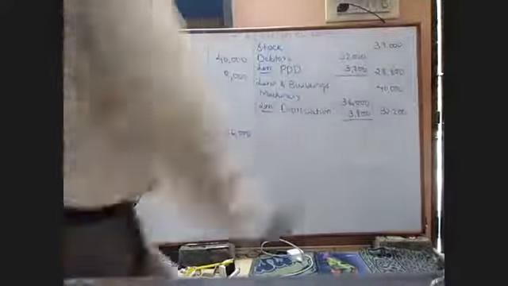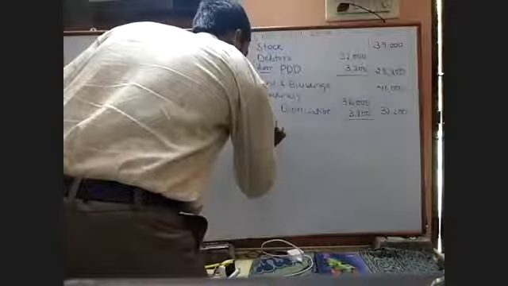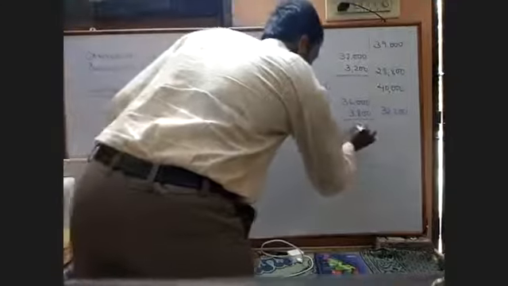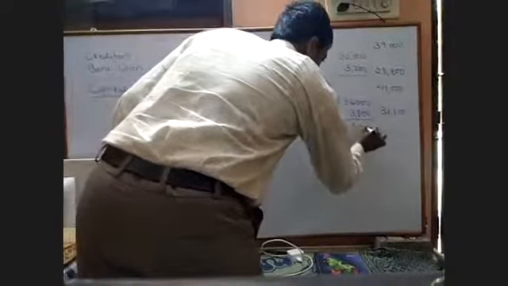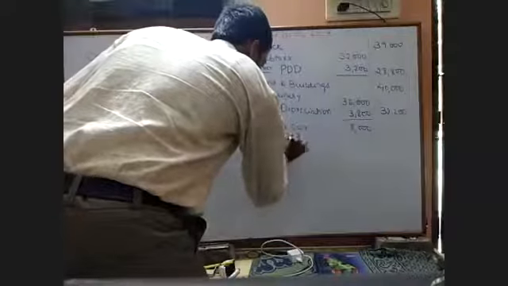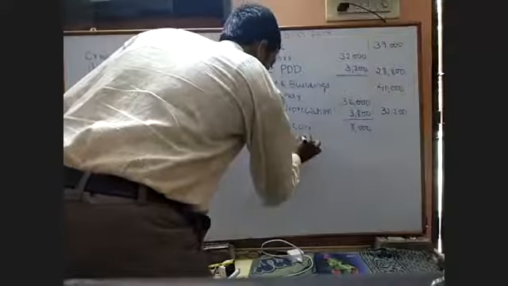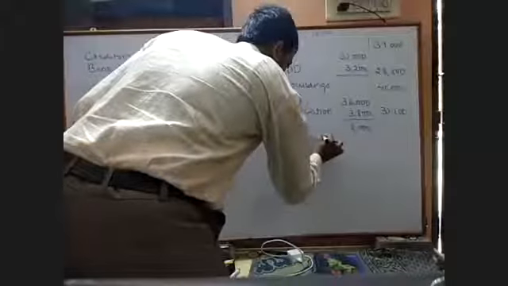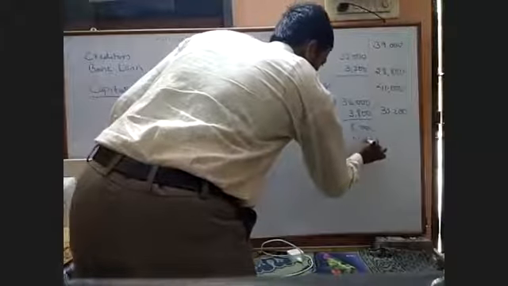The next is motor car, 8,000 less depreciation 1,600. Outer column 6,400.